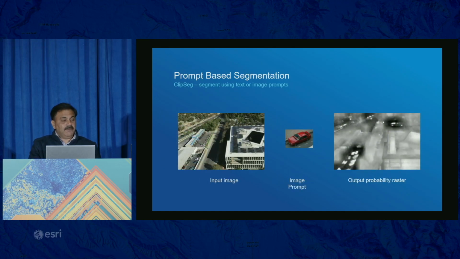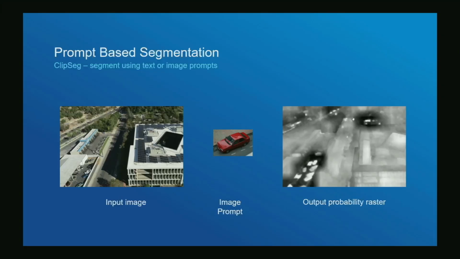What's interesting is that your prompt could not just be text, it could even be an image. So for example, in this image on the left, we gave this photograph of a car, which doesn't even exist in this image, as the prompt. And it's able to create this probability raster highlighting where this object or concept appears in the input image.